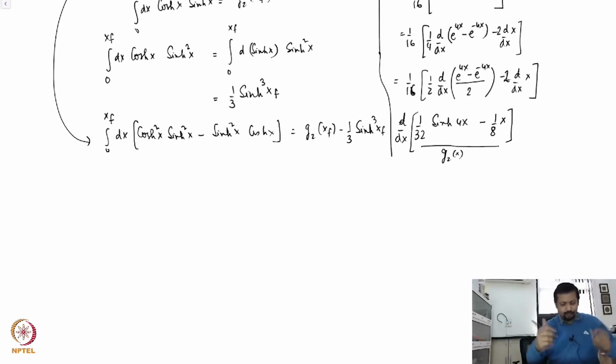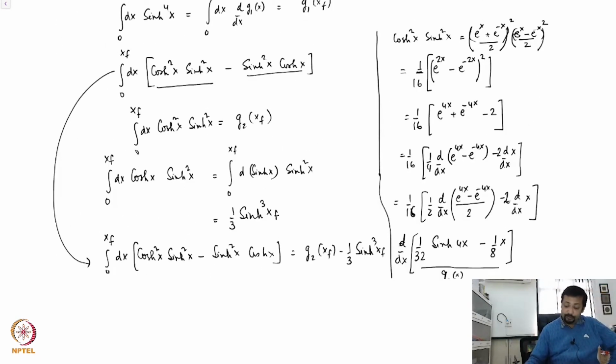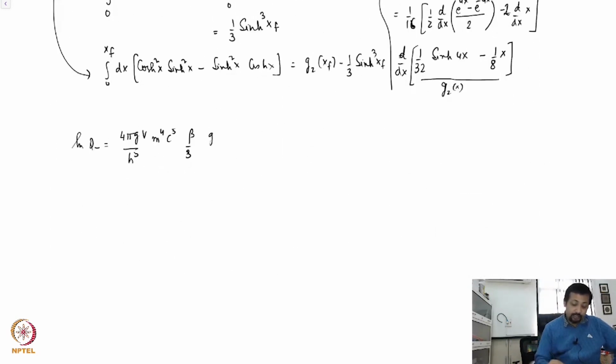Since we have come so far, let's push it forward a little bit. ln of q minus is going to be 4 pi gv over h cube m4 c5 beta over 3, and the integral was integration of dx sine hyperbolic 4 of x, which we had was g1 of xf, and u, the energy, was 4 pi gv over h cube m4 c5 times g2 of xf minus 1/3. I'm going to have sine cube of xf.